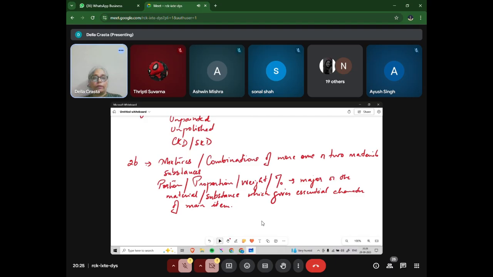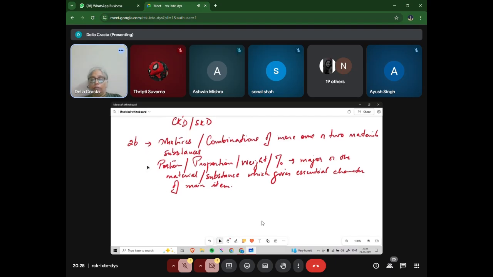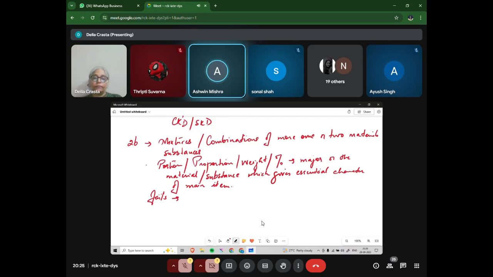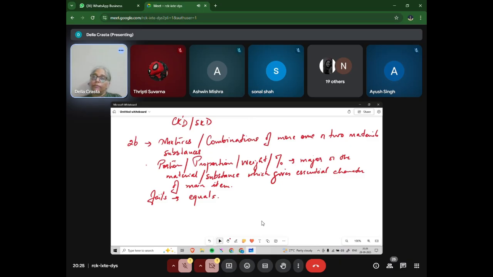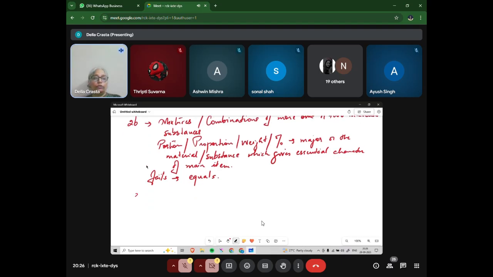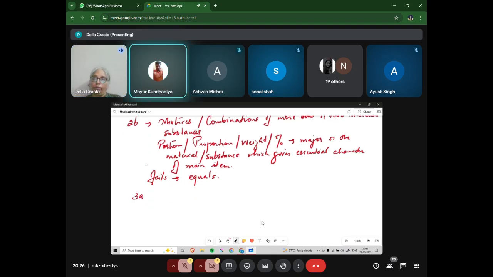Okay. When does 2b fail? When the proportion is equal. When the proportions, weight, percentage are equal. Okay, so then it tells us to go to 3a or 3b or 3c. What does 3a say? More specific.